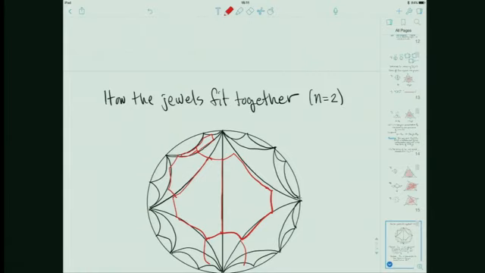Well, maybe you can see what I'm getting. All the jewels are all the stuff inside. It's the thin part of this picture.